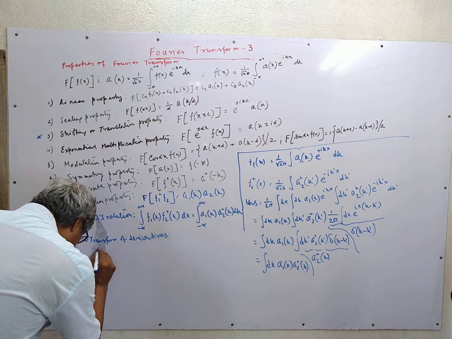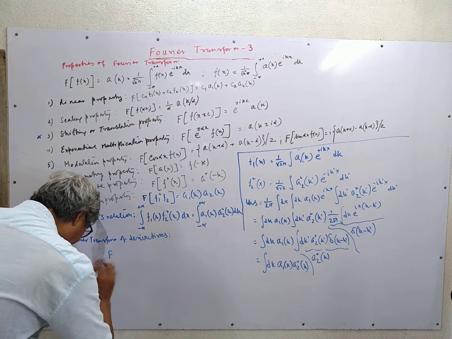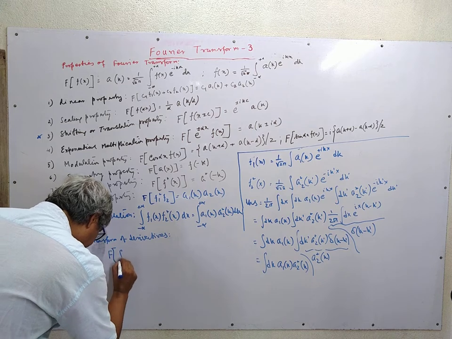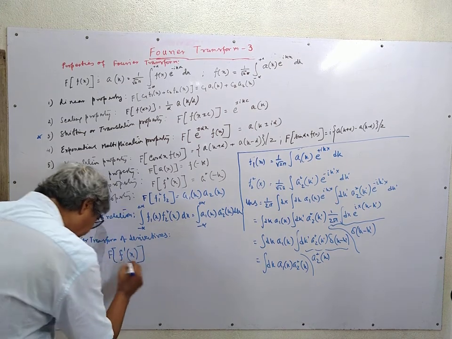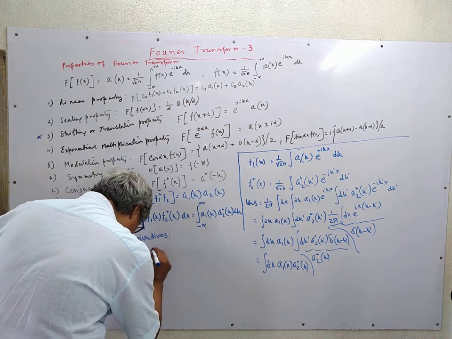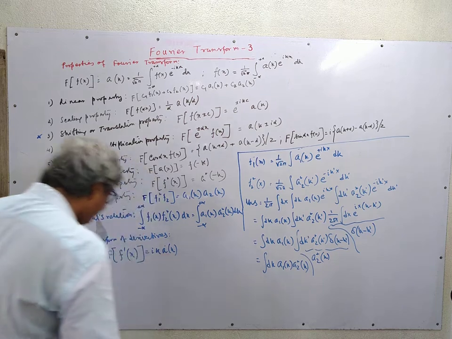This says that if we take the Fourier transform of the derivative of a function, this is ik times a of k.